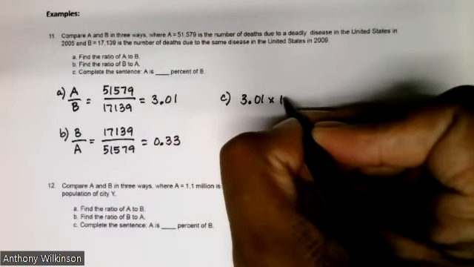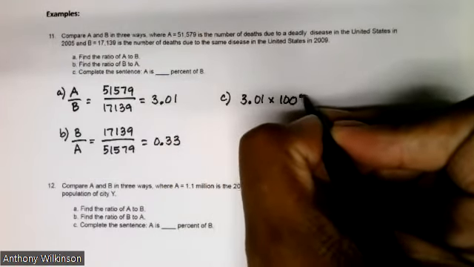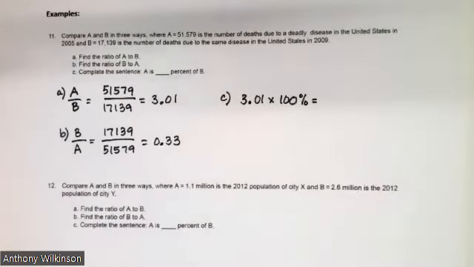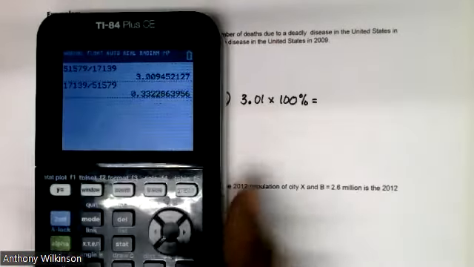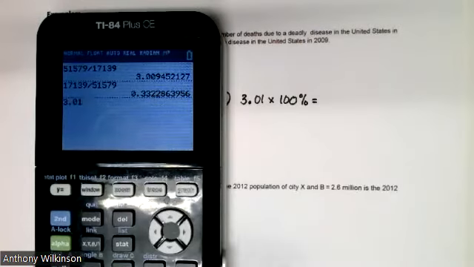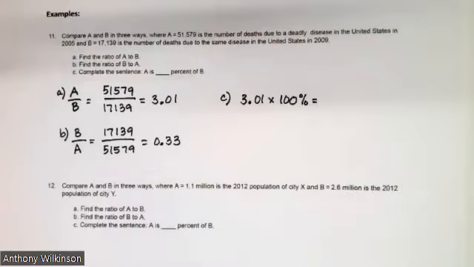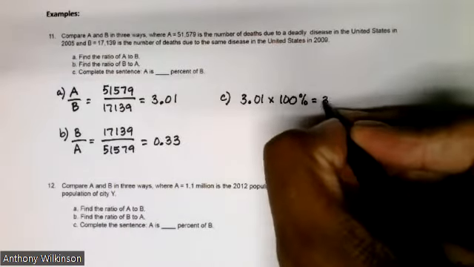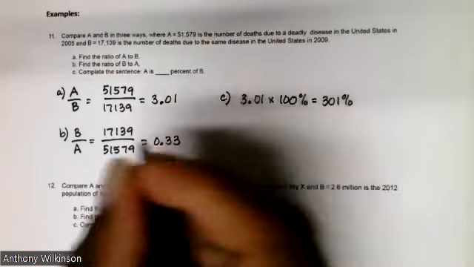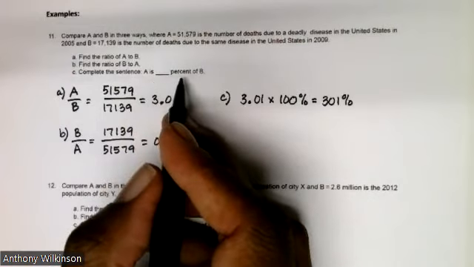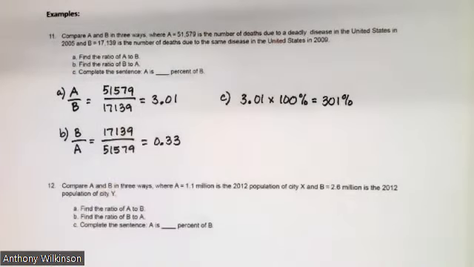What we will do is take 3.01 and multiply by 100%. We'll get 301. Since we already have the percent, they just want the number, 301. So A is 301% of B.